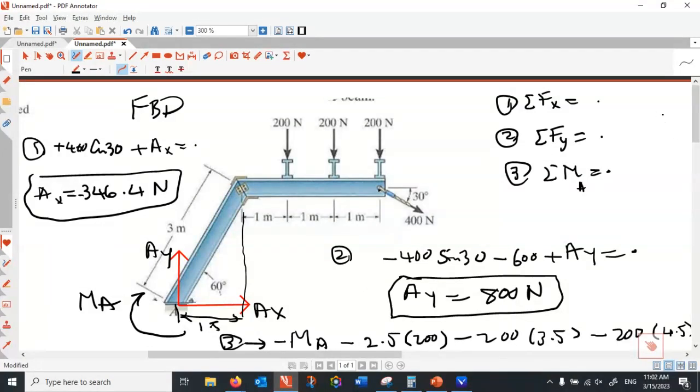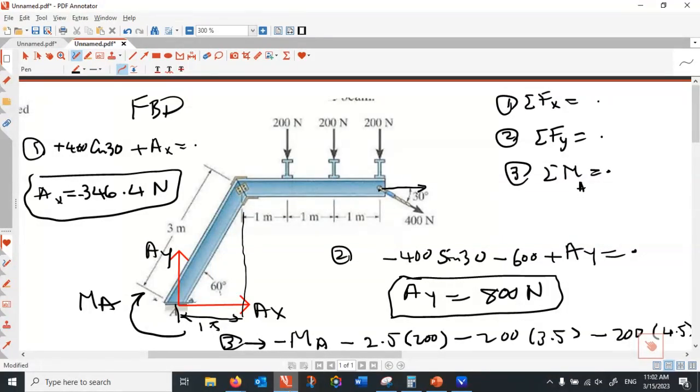Now, still, I need to find the rotation of 400 with respect to A. So to do that, let's break that into two components. That is 400 cos 30. Cos 30 is root 3 by 2.